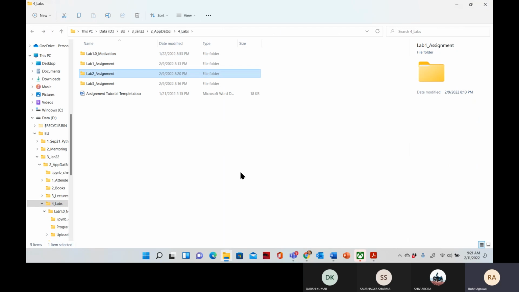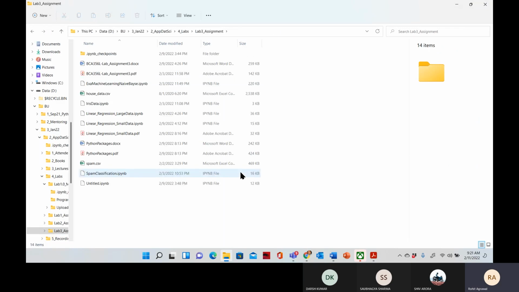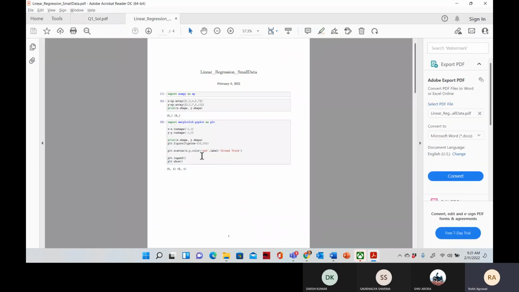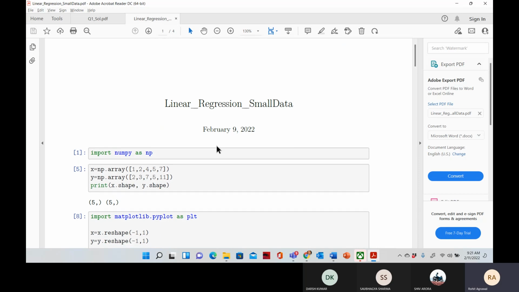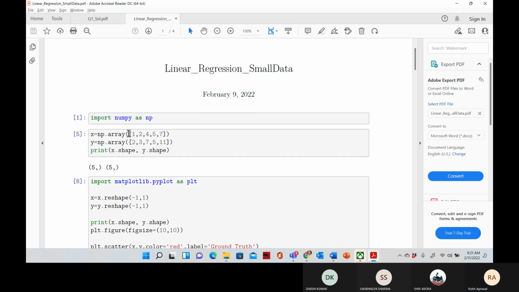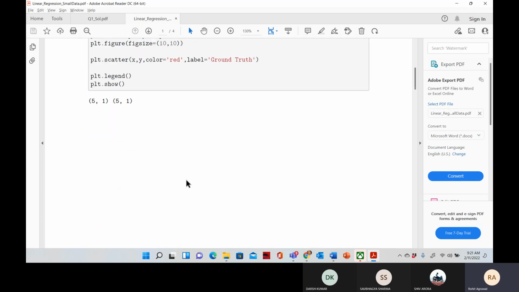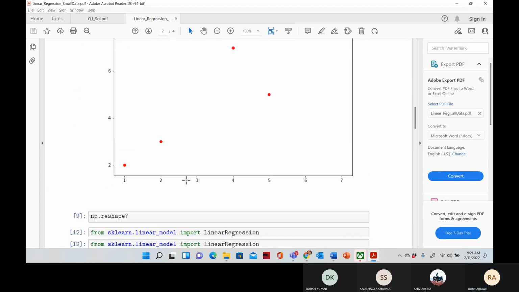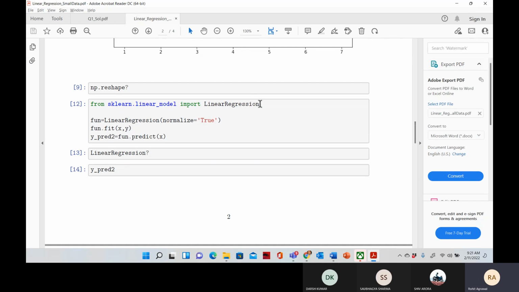In this lab, if you remember, in the last lab, I have shown you this example. So we have taken these x values, we have taken these y values. Okay, and using the linear regression in the Python library, we fit this model.